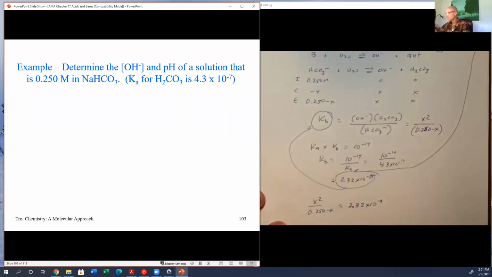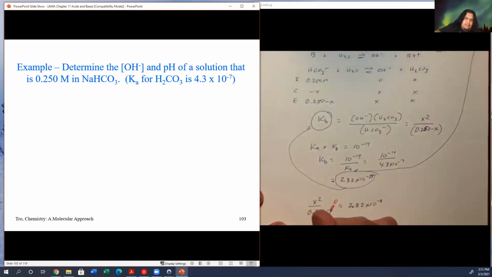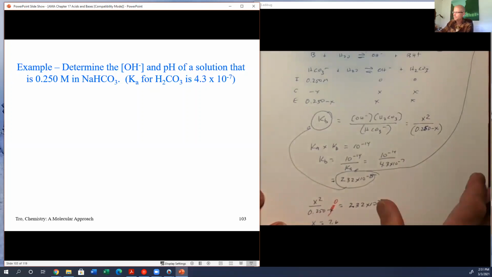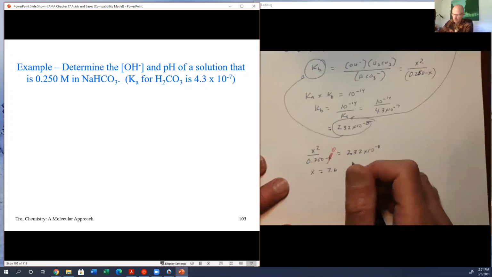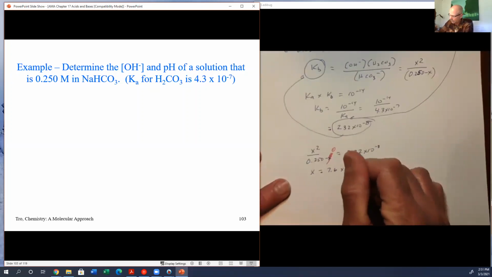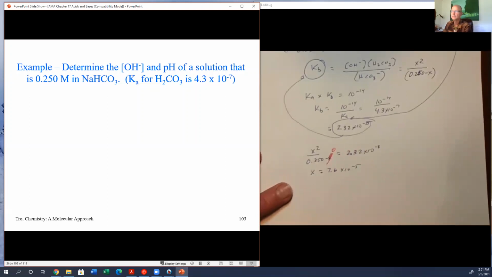So what do you think? Can I make the x small approximation? Yep, because that's a pretty small number. So I can make the x small approximation, and I solve that for x. X comes out to be 7.6 times 10 to the minus 5.